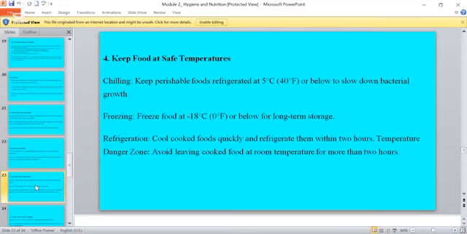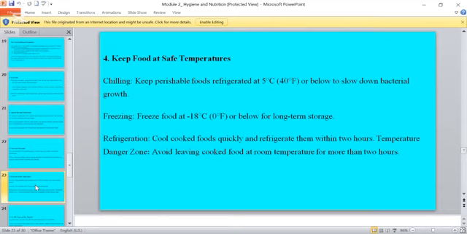You should also keep food at a safe temperature through chilling, freezing, and refrigeration. For chilling, keep perishable foods refrigerated at 5 degrees centigrade or below to slow down bacterial growth. And you should freeze food at 18 degrees centigrade or below for long-term storage.